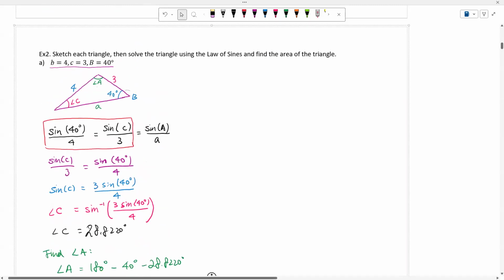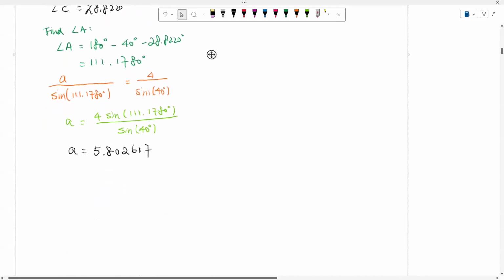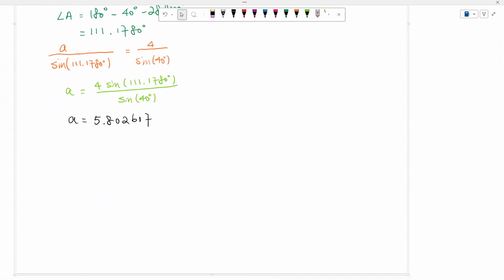Then after we've solved the triangle, the next thing is we would like to find the area of the triangle. So how do we find the area?